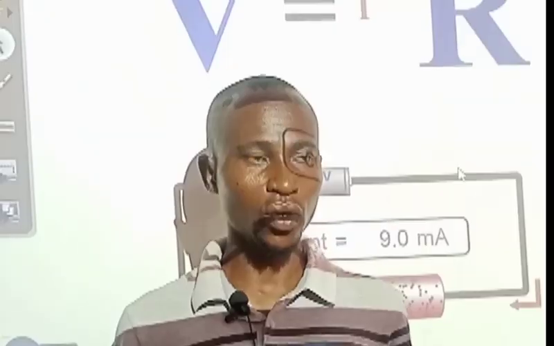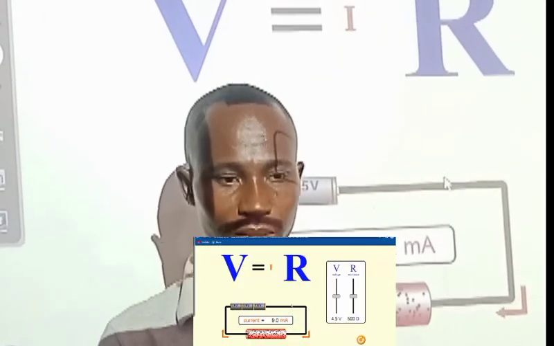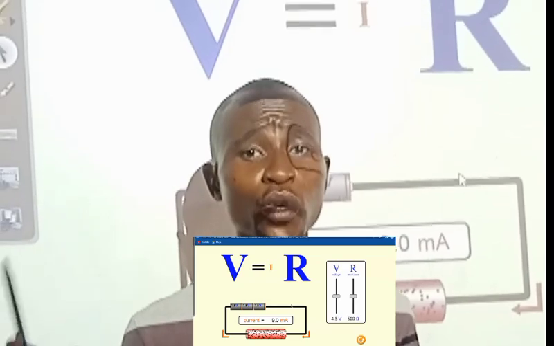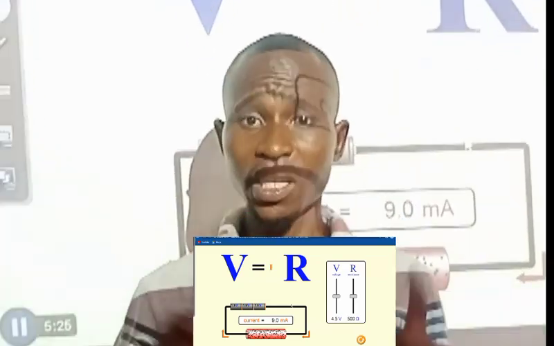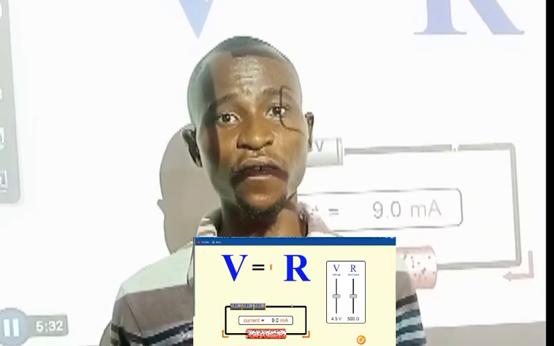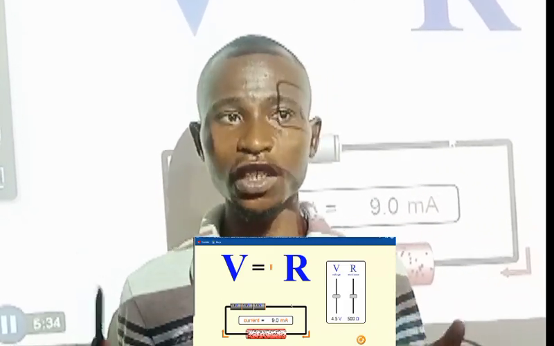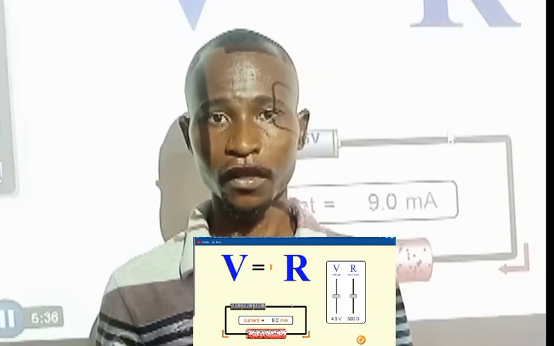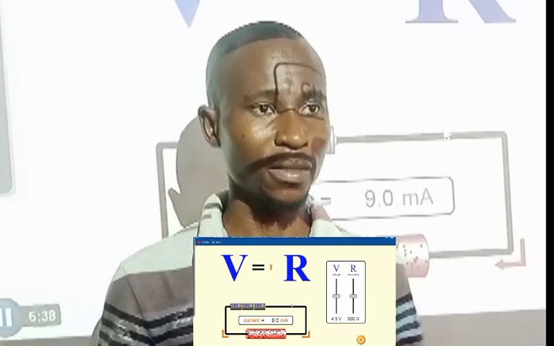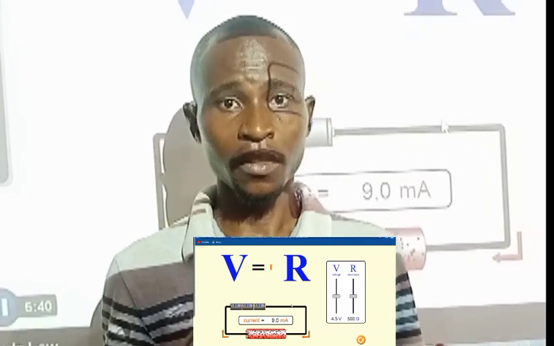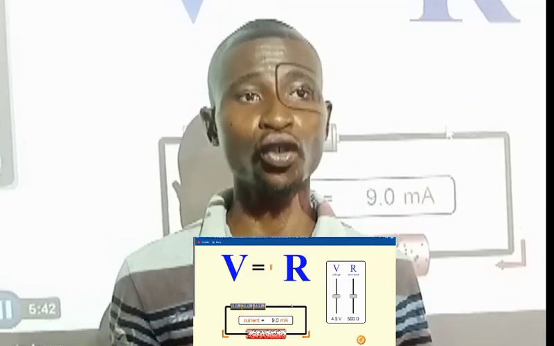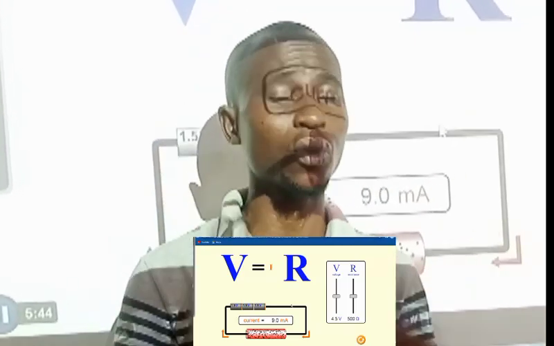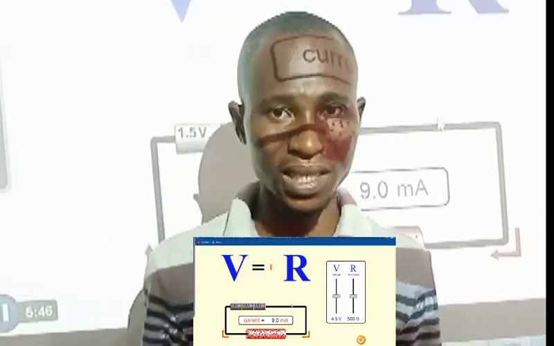Ohm's law states that the current flowing through a metallic conductor is directly proportional to the voltage across its two ends, provided that the temperature and other physical quantities are constant.